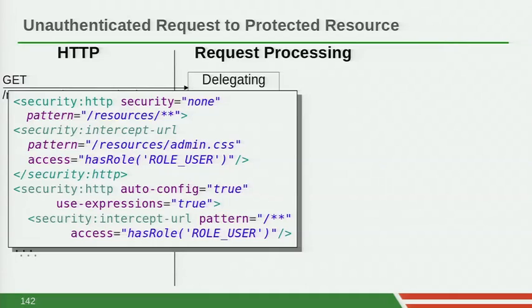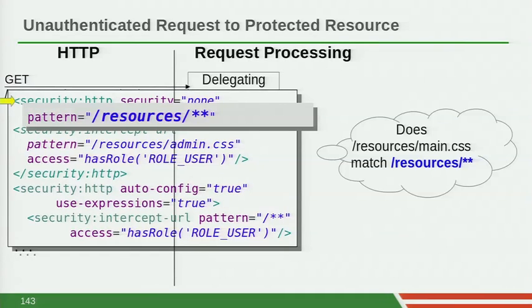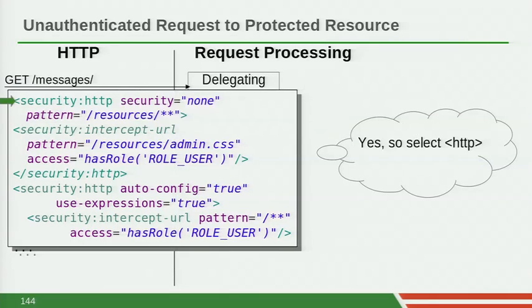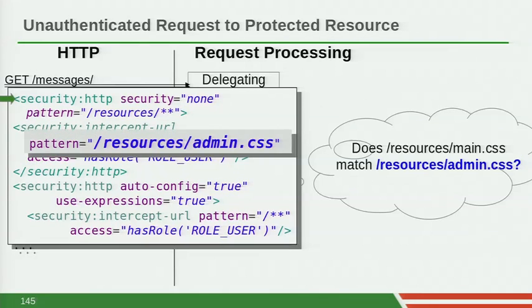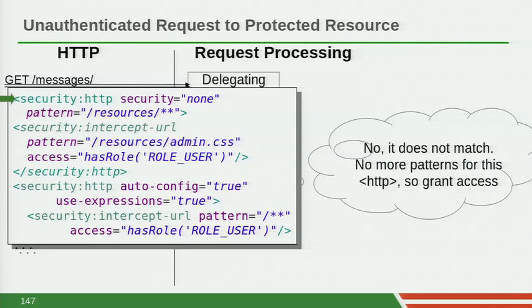I apologize for that, but the HTTP element basically gets the intercept URL and the pattern on the HTTP element and says, does main.css match resources/**? And yes, it does. So it's selecting this HTTP element. Now, our pattern is resources/admin.css. So does main.css match admin.css? No, it does not. It does not match it.